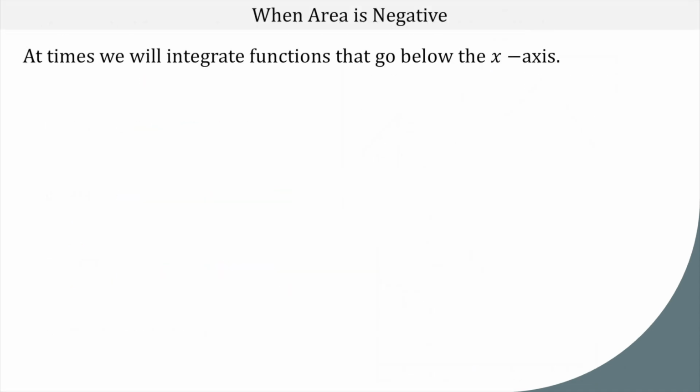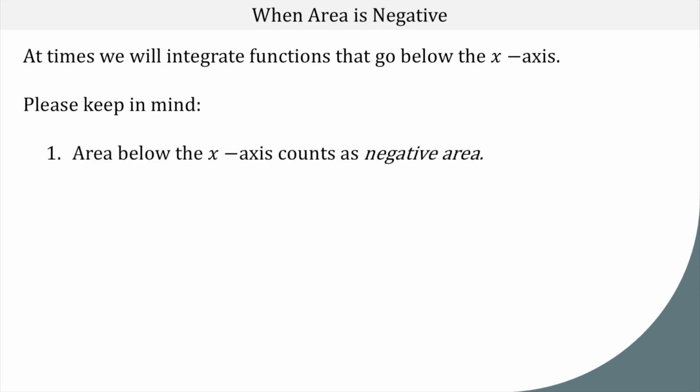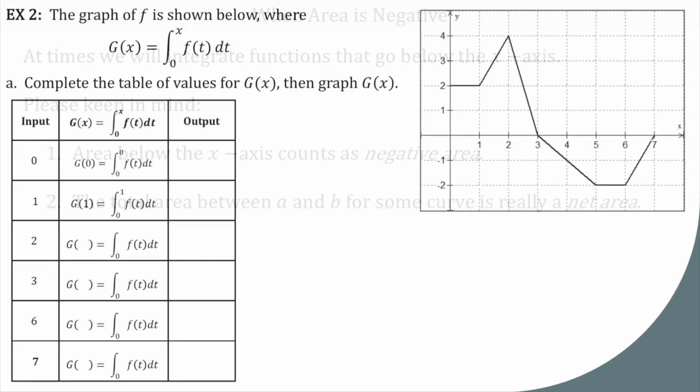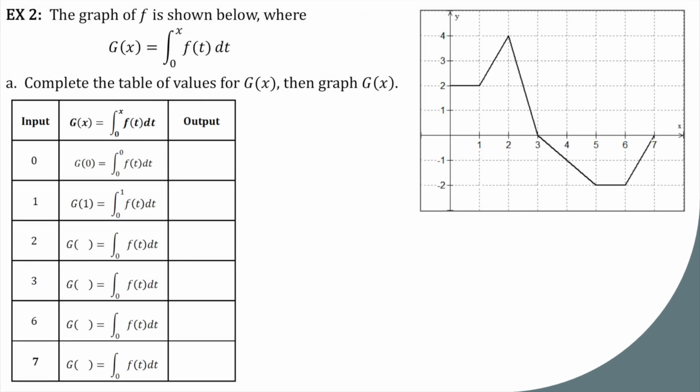When area is negative, at times we will integrate functions that do go below the x-axis. So please keep in mind, area below the x-axis counts as negative area. The total area between a and b for some curve is actually a net area. We'll use this one as an example.